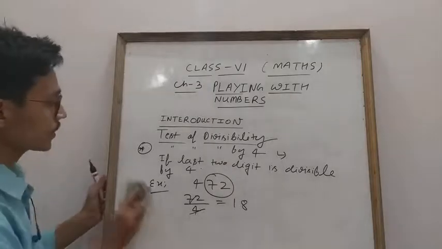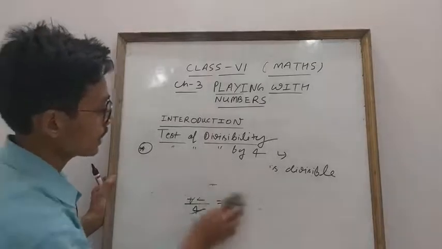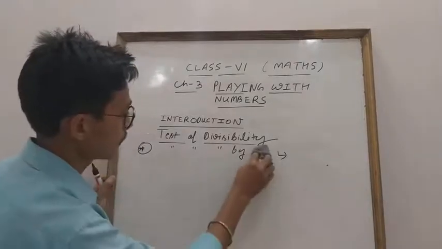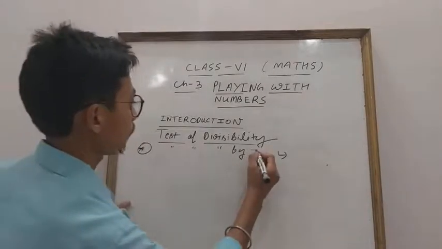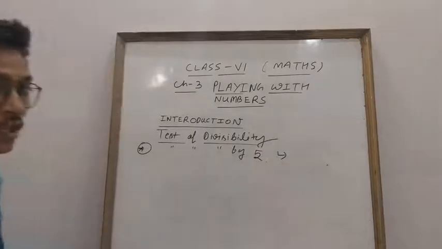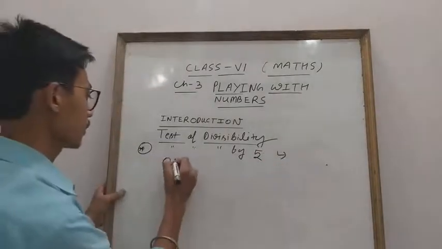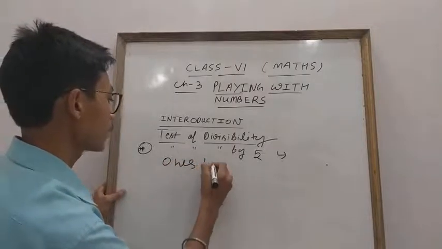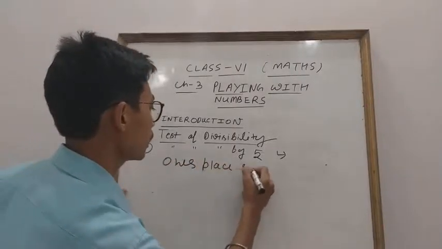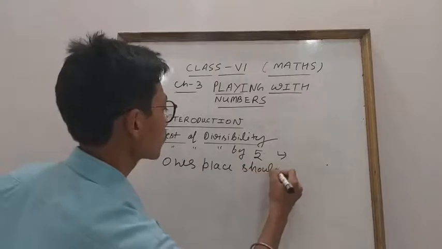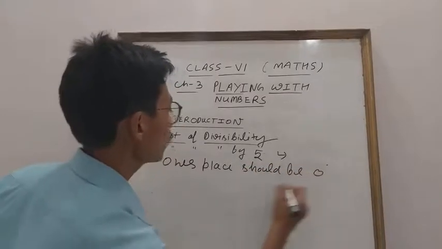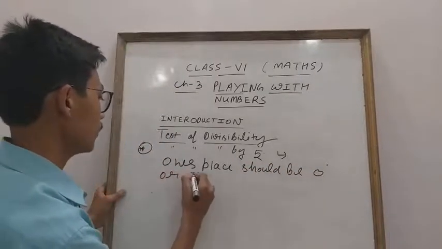Now the next thing is the test of divisibility by 5. Test of divisibility by 5. Clear student? This is very easy. That the one's place should be 0 or 5.